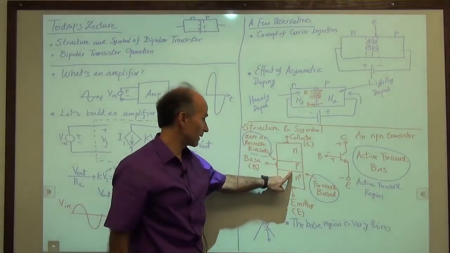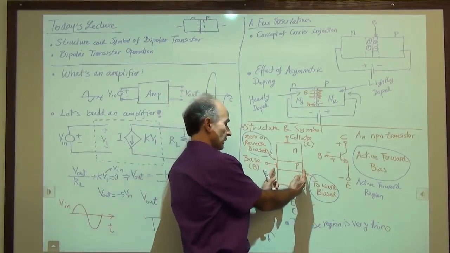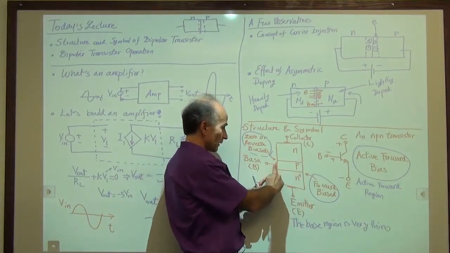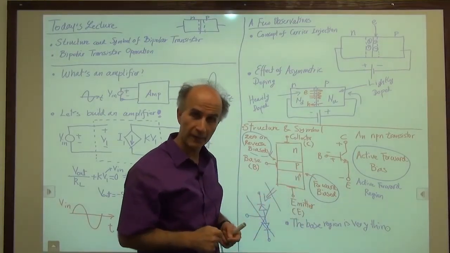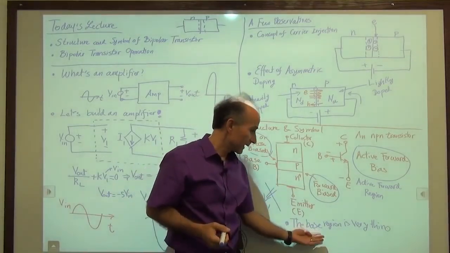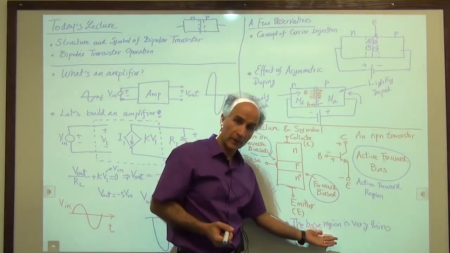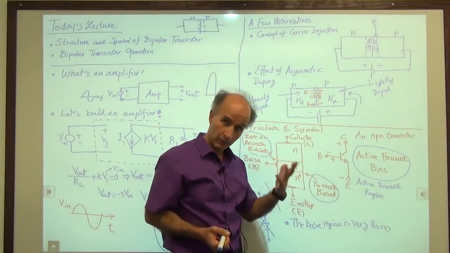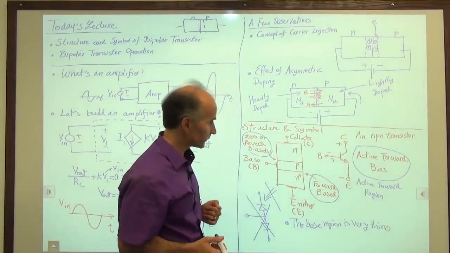The distance between this junction and this junction is very short compared to this distance, or compared to the distance between this terminal and the center of this, if you want to define some sort of distance. All right, we will see what that means and what the implications are when the base region is thin. That's an essential property that we need for the bipolar transistor to operate properly and as an amplifying device.